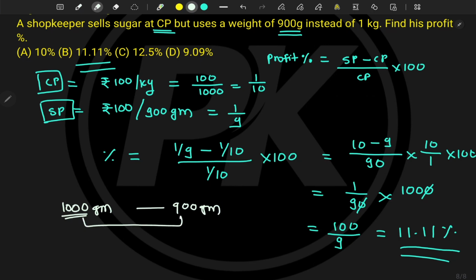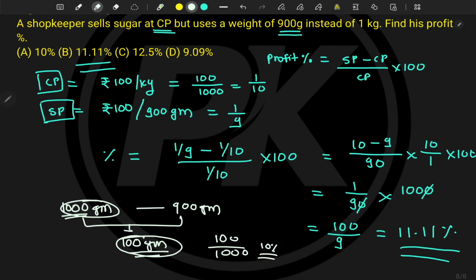That means his profit is how much? Net profit, 100 gram he is earning. So they will simply say this is net profit, and this is what he actually bought, so they do 100 divided by 1000, and they end up choosing option number A.